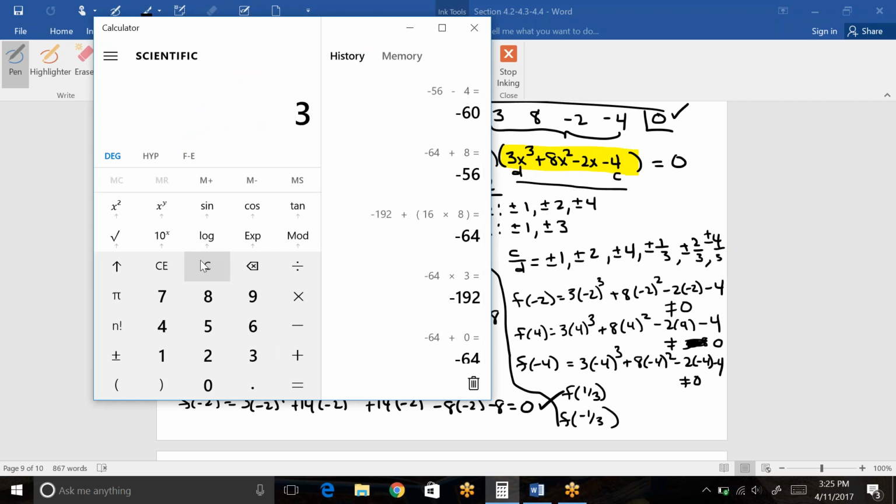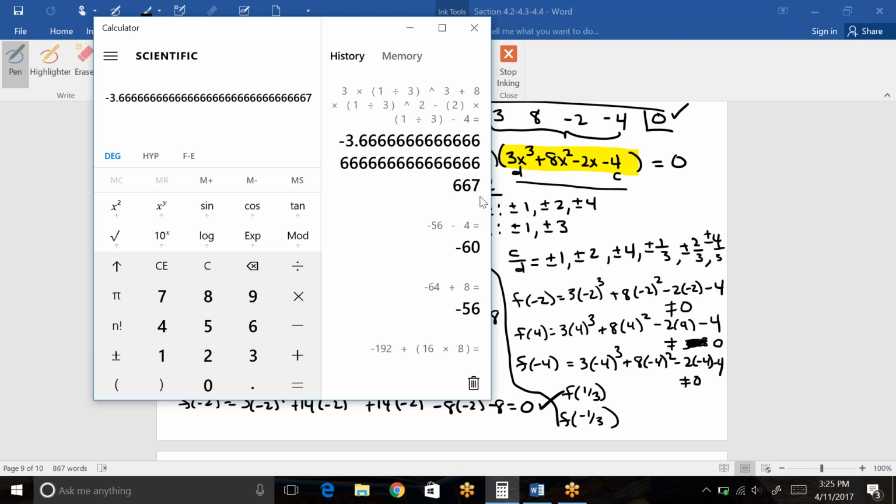So we have 3 times 1 divided by 3 to the third, because remember we're using this polynomial right here, plus 8 times 1 divided by 3 to the second, minus 2 times 1/3, minus 4.